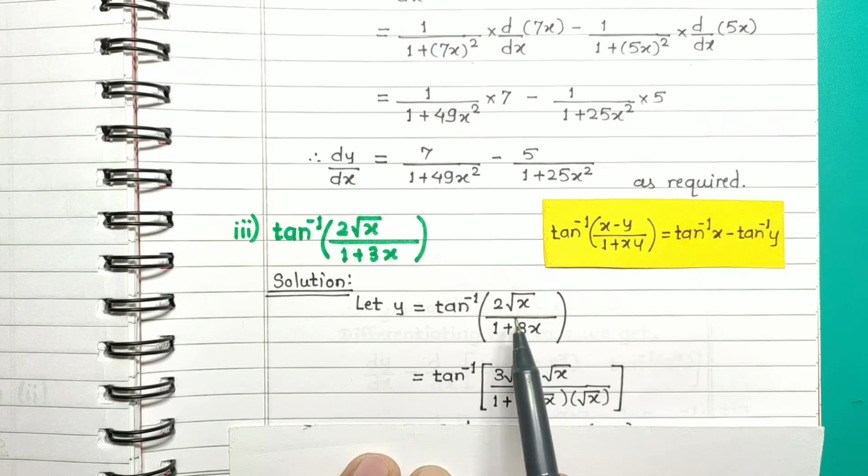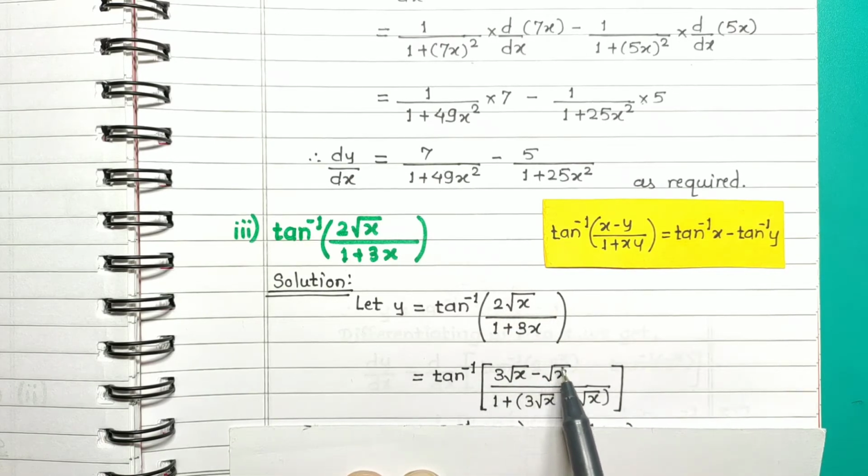See, we can write this 2 root x as 3 root x minus root x. Okay, and the product of these two terms is nothing but 3x. See, it needs your observation. We can write 2 root x as 3 root x minus root x, and at the denominator we have 1 plus 3 root x into root x.